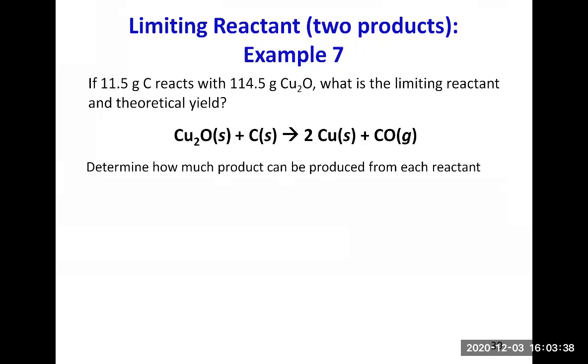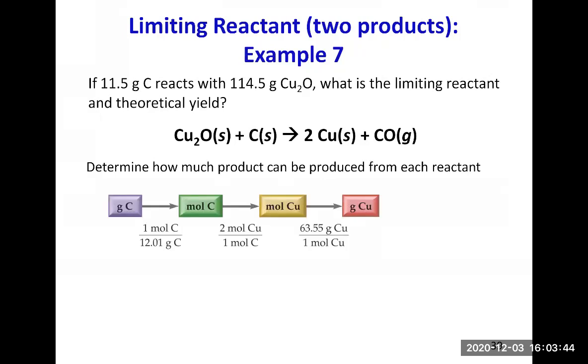And here you can choose either product, right? And we have chosen copper. So from the 11.5 grams of carbon, you need to calculate how much copper you will make.